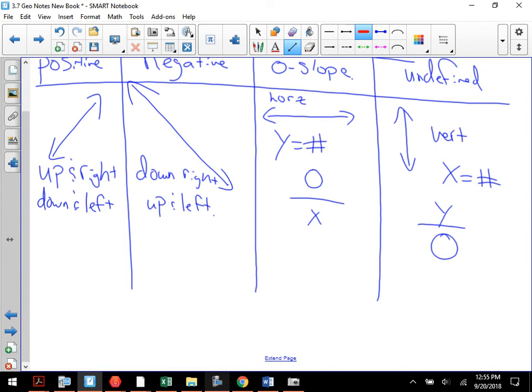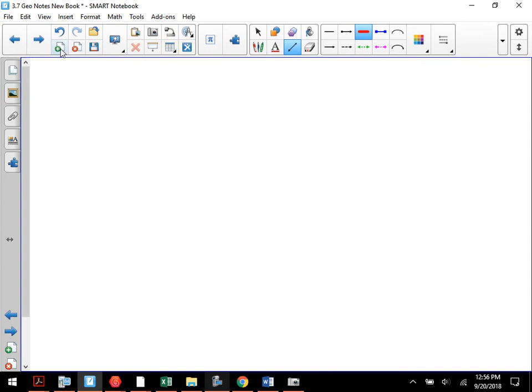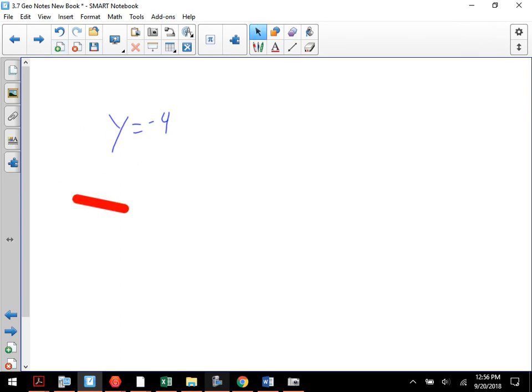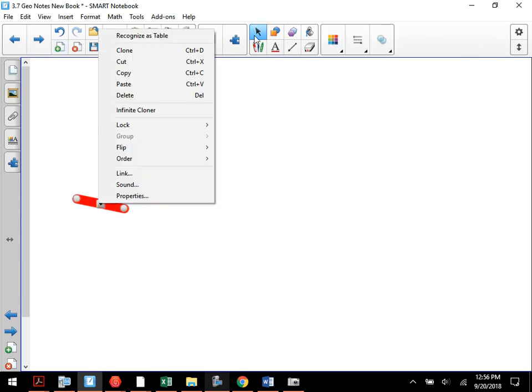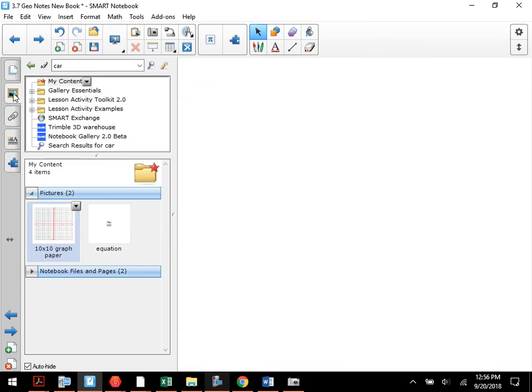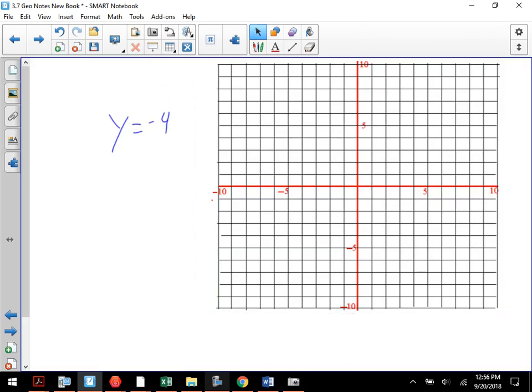So if the graph is y equals a number, the easiest thing to remember, let's say y equals -4. Okay? And like I said, we're not graphing today, so don't worry about this today. But if you had to graph y equals -4, what I want you to think of is, where is y equal to -4?